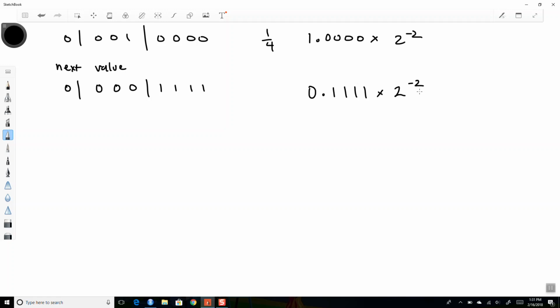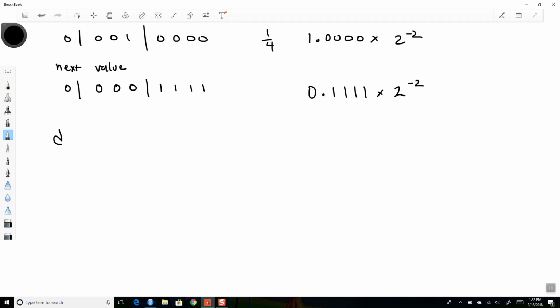Does that make sense? Everywhere else, if we decrease the exponent, we're always leaving this 1 in the front. What happens here is I'm decreasing the leading digit from 1 to 0, and so this remains at 2 to the negative 2.